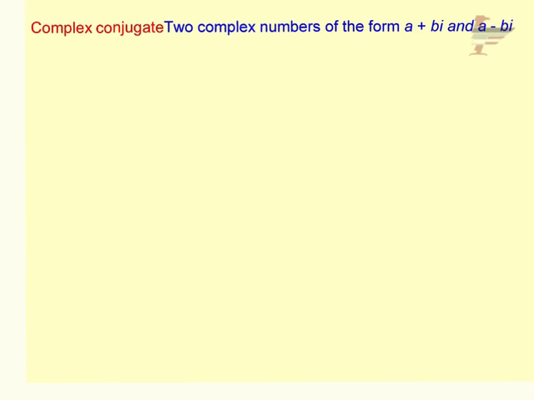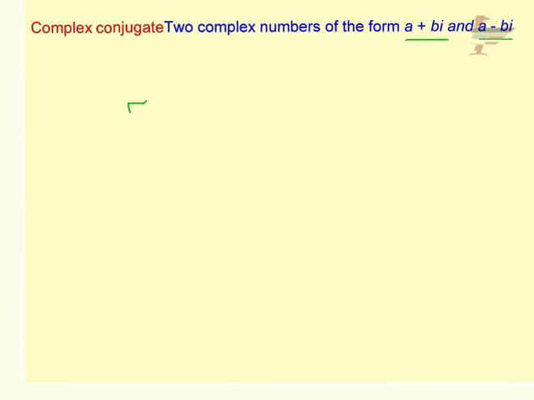All right, now I'm going to move on to division of complex numbers. But before I do that, you need to know that you're going to be using a concept called complex conjugates. And two numbers are complex conjugates if their imaginary pieces are opposite signs. So notice a plus bi and a minus bi, so the imaginary parts are plus and minus.